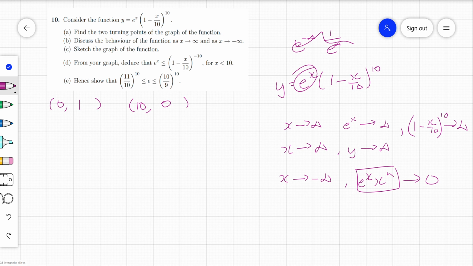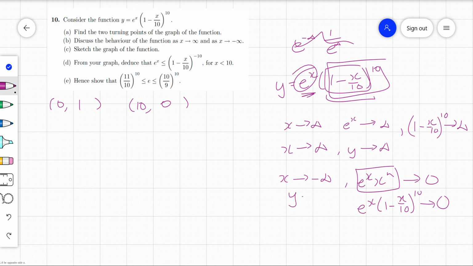So we've got e to the x and some x to the power of n. So our graph, e to the x times 1 minus x on 10 to the 10, is actually going to go towards 0, because if you expanded 1 minus x to the power of 10, it expands to a sum of powers of x. So as x goes towards negative infinity, this is just going to go towards 0.